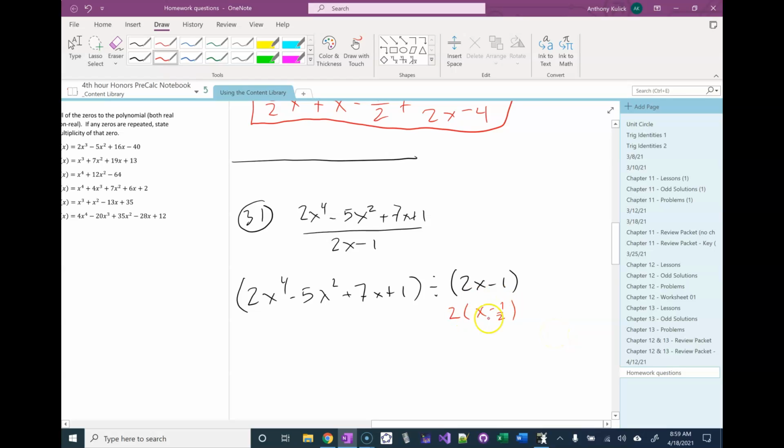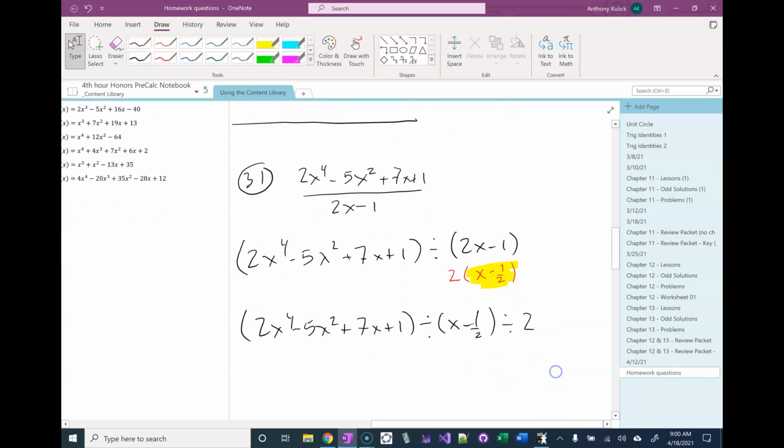And then I'm going to do my long division with this divisor. And then remember, I have to still divide by 2 at the end. So I'm going to think about it kind of that way.